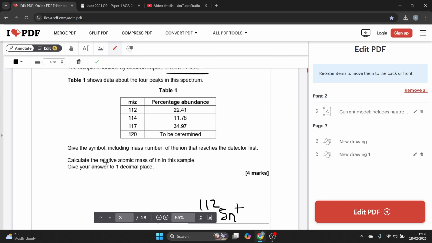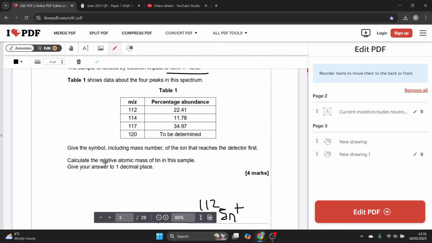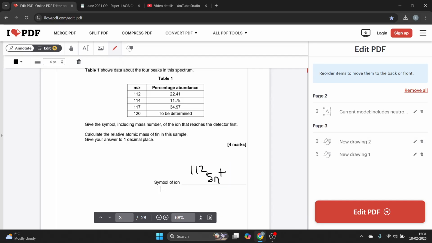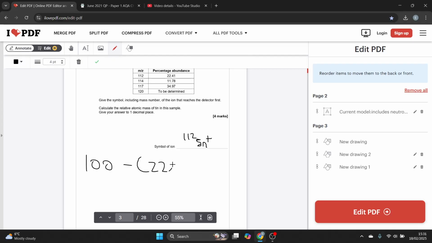Calculate the relative atomic mass in the sample. So the percentage abundances must add up to 100. What I'm going to have to do is, let me zoom out a bit so I can see all the percentage abundances: 100 minus 22.41 plus 11.78 plus 34.97.